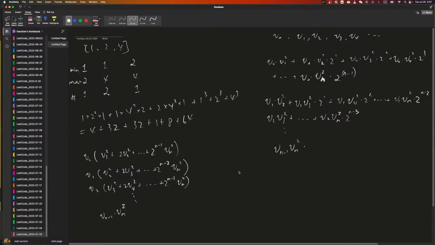If I have V1 squared plus V2 squared plus 2 Vn squared, I also have V2 squared, but I need to multiply by 2, to multiply by 4.